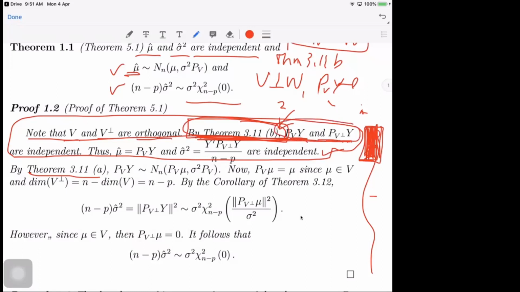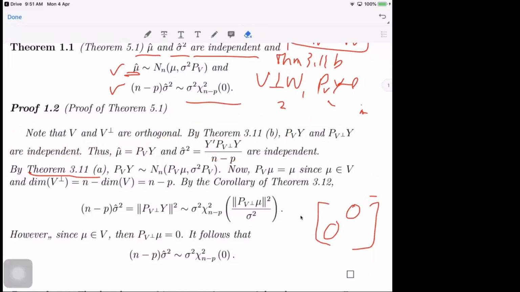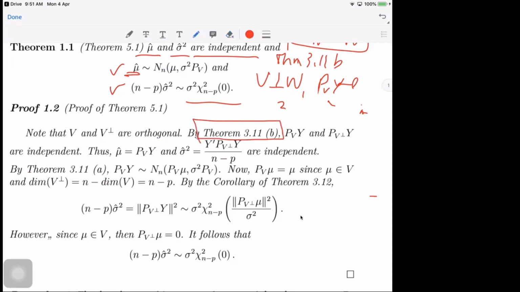It has something to do with the concept used in proving 3.11. The covariance matrix, right? Yes, ma'am. You should show that the off diagonal is 0, right? So you should show that first, then you conclude. Do you understand what I'm saying? Yes, ma'am. So don't just give the result that they are independent. In an exam, you have to show this first. Why are they independent?